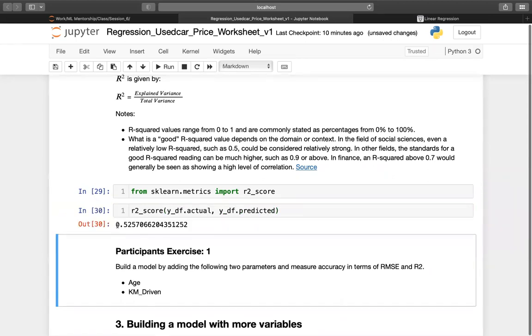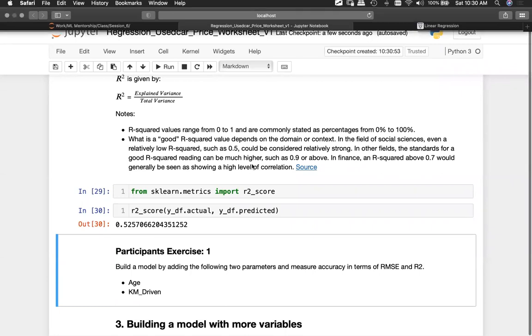Okay, this comes out to 0.52. So 50% of the variation in the price that we see in the car is because of the age information, right? Still it's okay, but you can always increase that R square value by bringing in other factors.